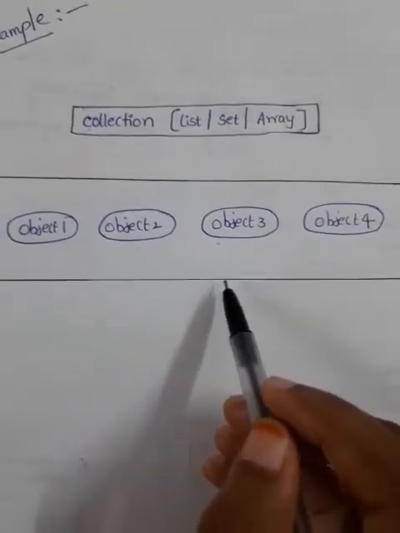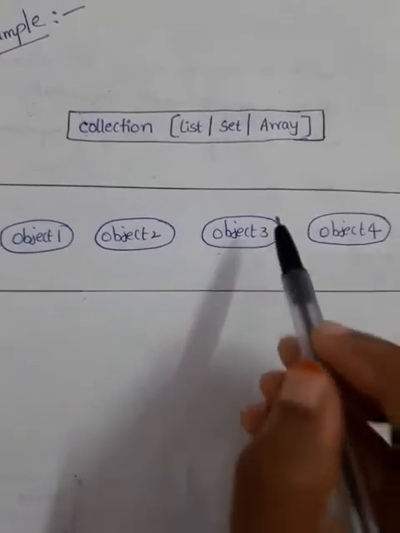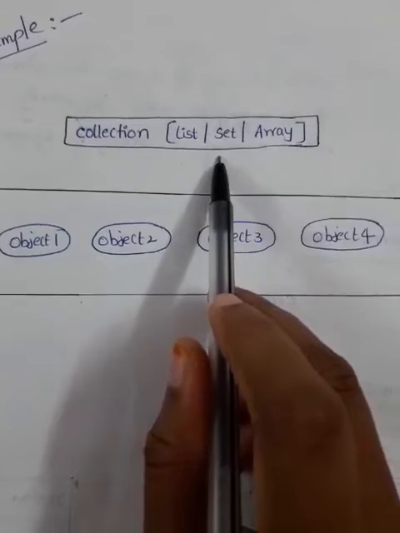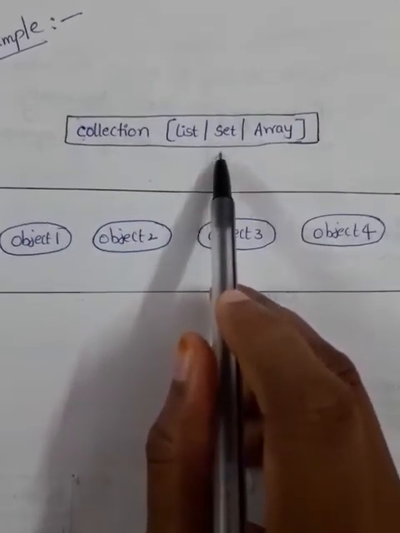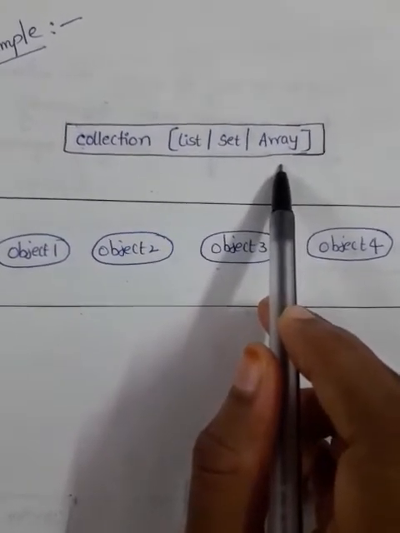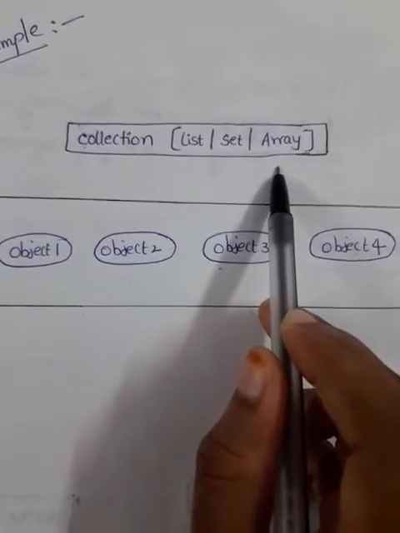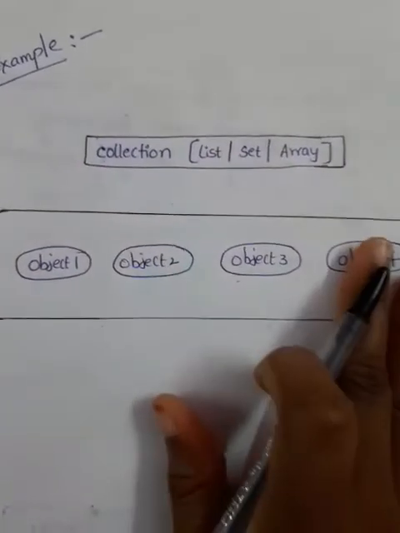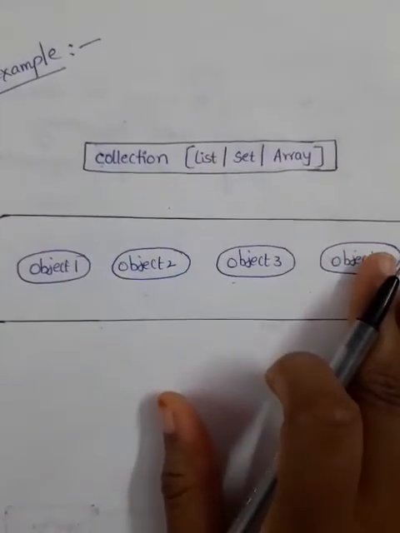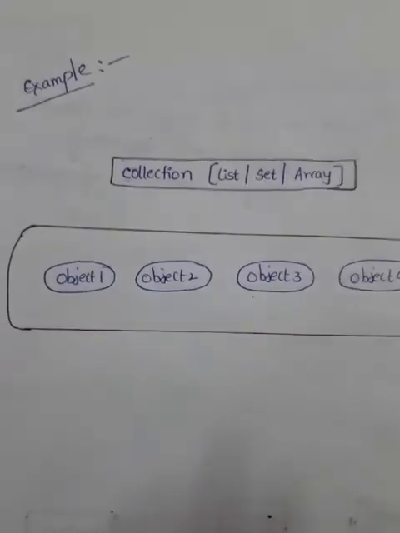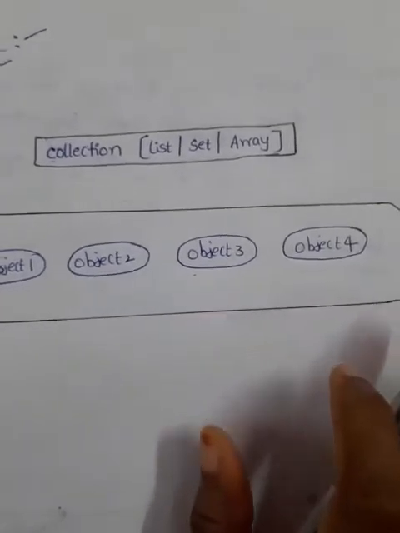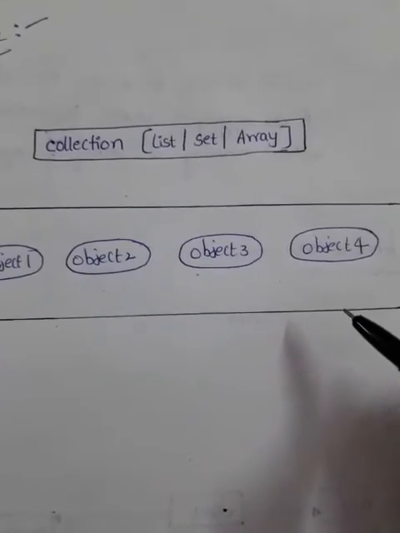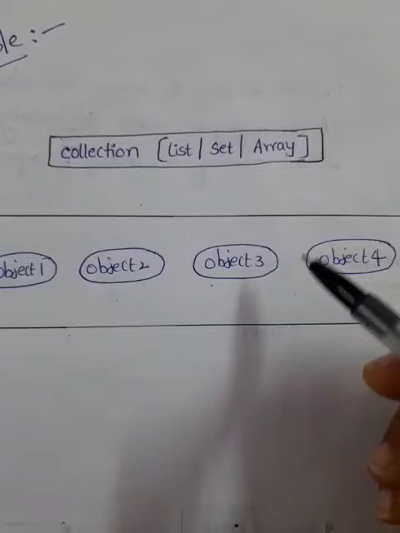In the same way, the storing mechanism of elements in a list is different, the storing mechanism of elements in a set is different, and the storing mechanism of elements in an array is also different. And what is the use of the iterator pattern? Using the iterator design pattern, we can access the elements in the container.